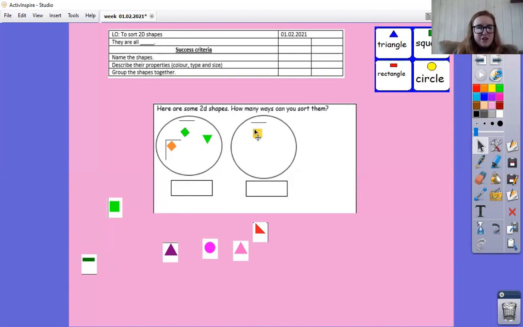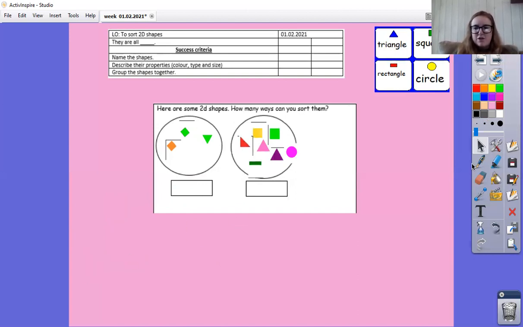And all of these shapes do. All of these shapes have a straight side at the bottom. That's a different way of sorting these shapes. So these are all rotated, and these are all straight.